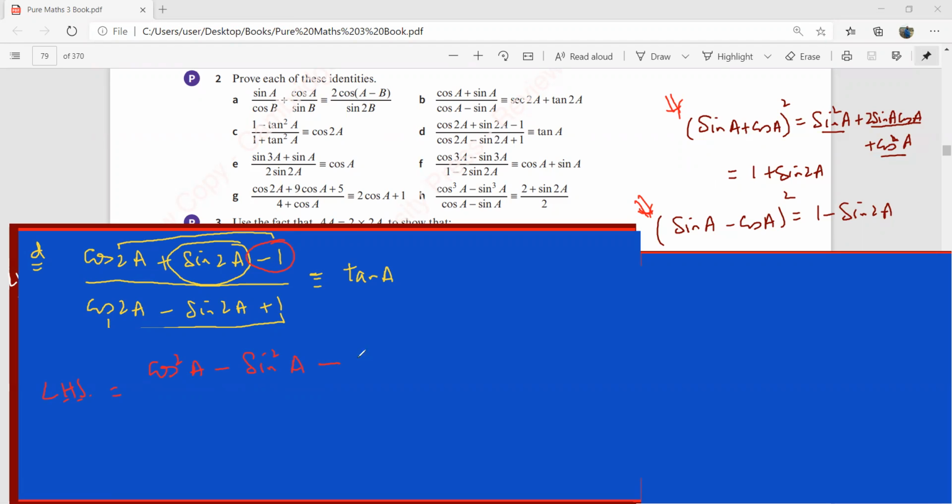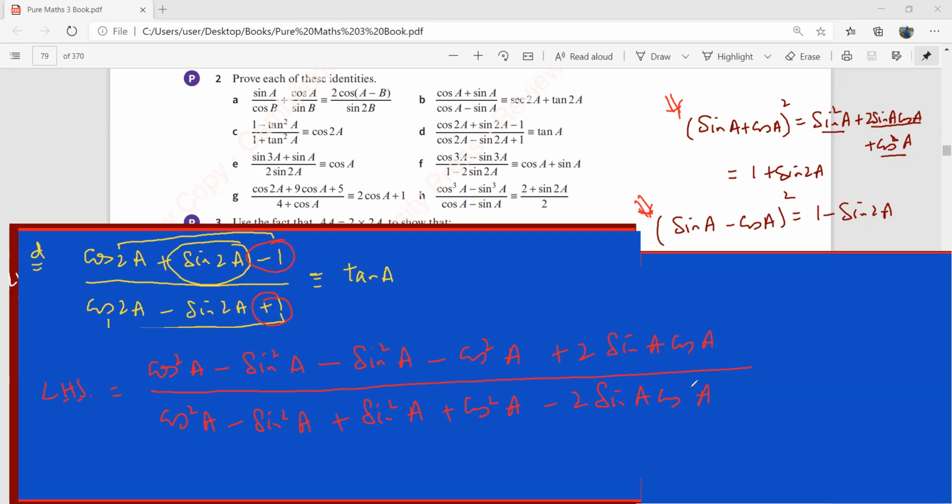That will give me minus sine square a. Oh, that's the same, I think, yes. And I'll change this sine 2a with 2 sine a and cos a. I think it's the same. This is going to be cos square a minus sine square a, and I'll change this with plus sine square a and plus cos square a, and I have minus 2. Oh yes, it's the same.